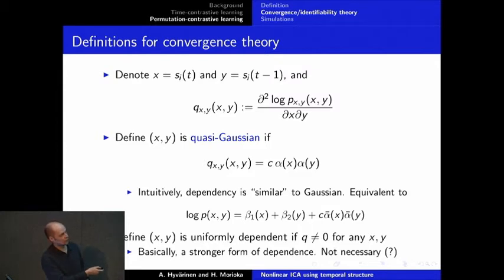But here we are saying that it's non-zero everywhere, so it's really a stronger form of dependence. But I think actually that this condition may not be necessary. It's just in the proofs, I wasn't able to prove the theorem without this assumption, but it may not be necessary, while quasi-Gaussianity is definitely necessary in the following theorem.